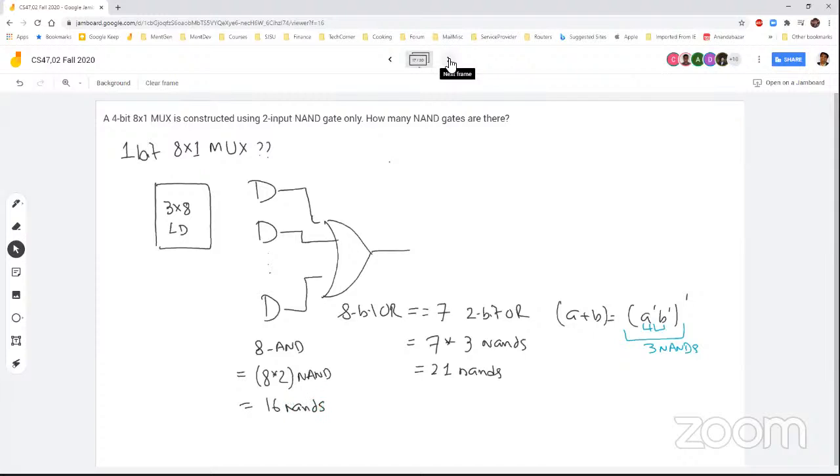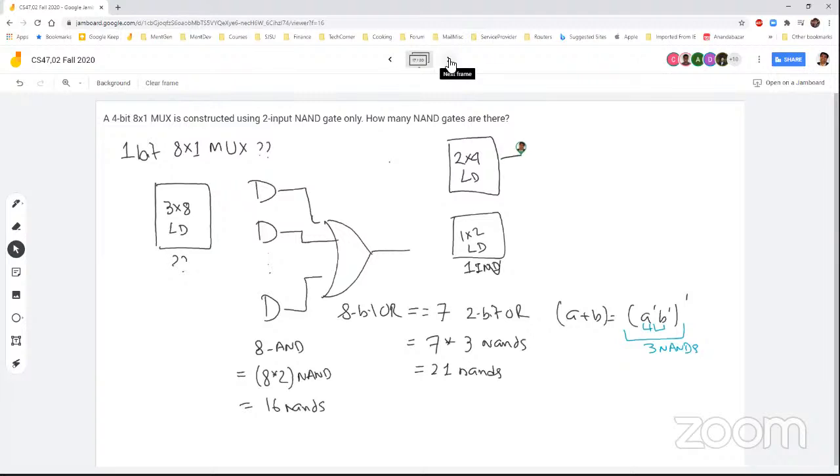Now, how about this one? This one has a 2x4 line decoder and a 1x2 line decoder, where the 1x2 line decoder is nothing but 1 inverter inside it, right? 1 inverter.